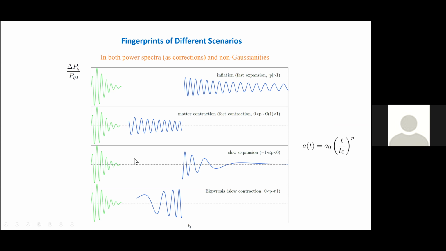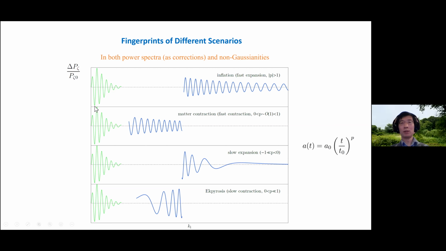So the place in wave vector space where you start to see these later oscillations, is that fixed by when they start oscillating during the inflationary scenario? Oh, thank you for asking. Yeah, I skipped that detail.